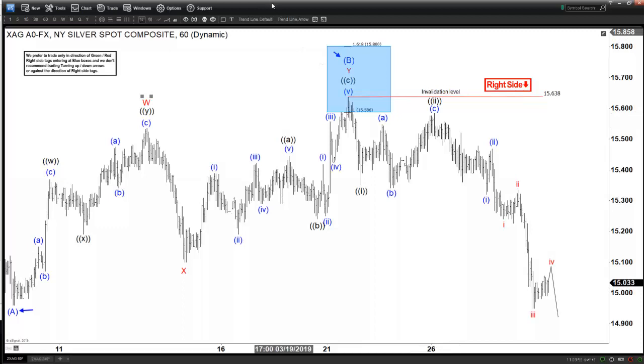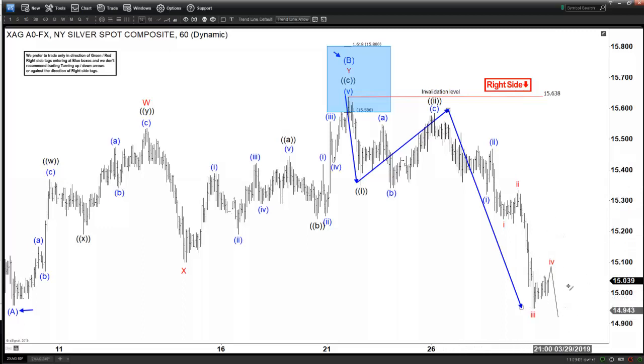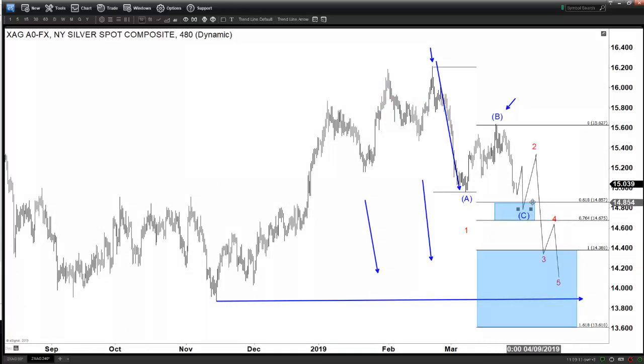So far in the 1 hour, it looks to me that we only have a 3 wave so far, right? So we cannot call it completed in any way, and we should be looking for the downside in the shorter cycle, at least to this 14.6, 14.85 most likely.